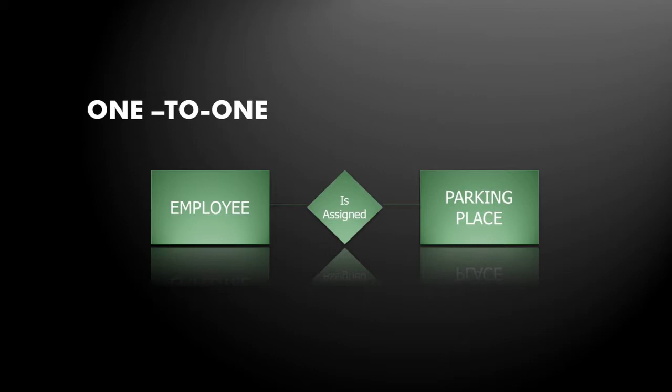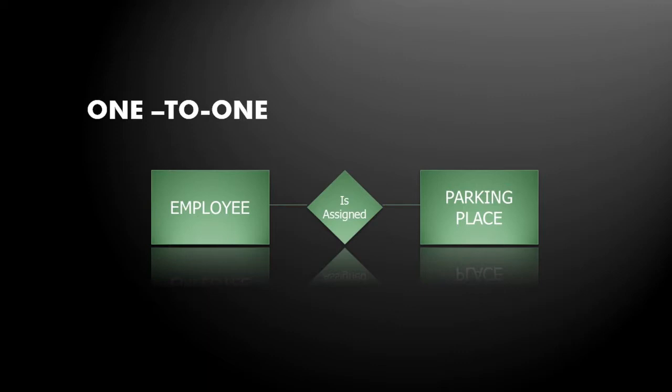We differentiate between the different types of relationships by the lines that connect the entity rectangles to the diamond. And you see we have two straight lines. This means that one employee is assigned a single parking place, and every single parking place is assigned to a single employee. So this is the simplest relationship that we can have.